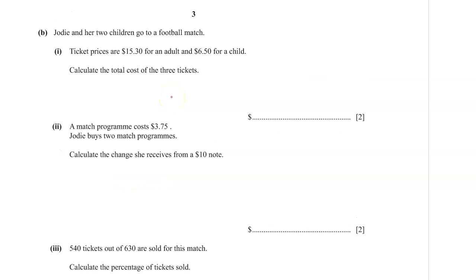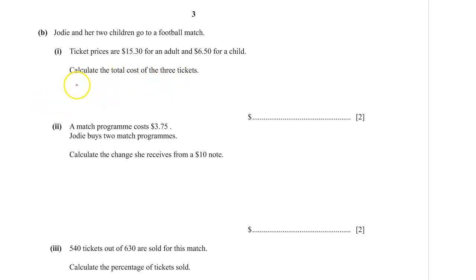B of 1. Jody and her 2 children go to a football match. Part 1. Ticket prices are $15.30 for an adult and $6.65 for a child. Calculate the total cost of the 3 tickets.